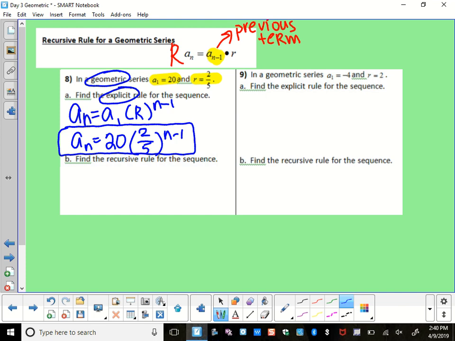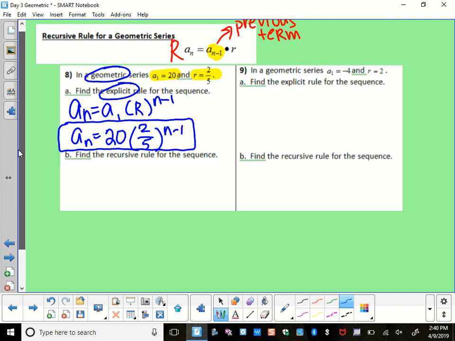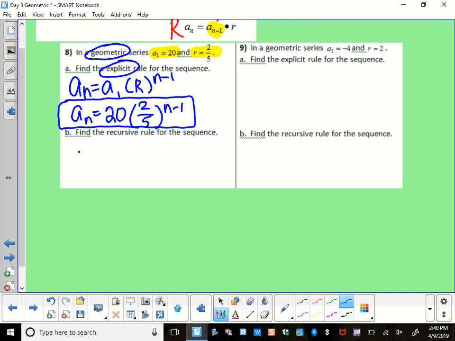And then it says find the recursive rule. So look at my formula. My recursive rule, I actually want you guys to list 2 things for your recursive rule. First, I want you to tell me where to start. That's going to start at 20.